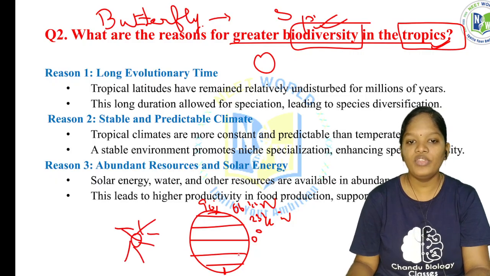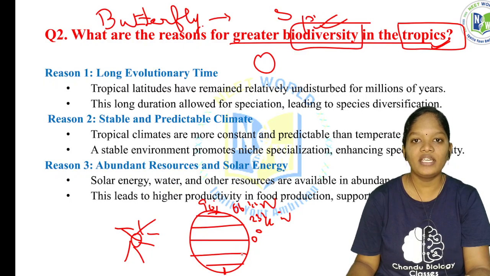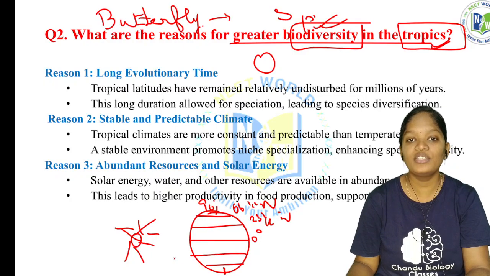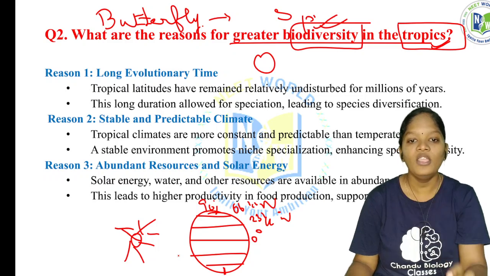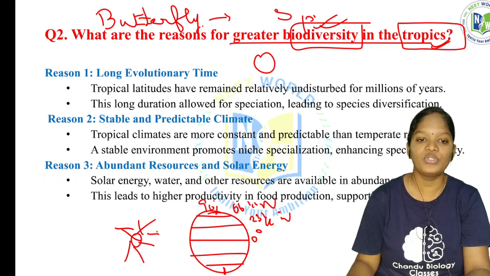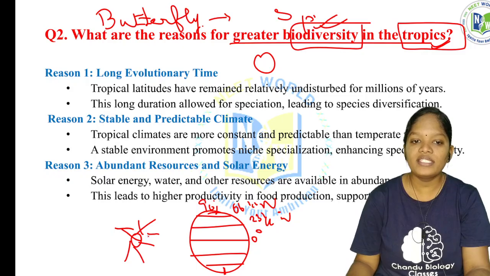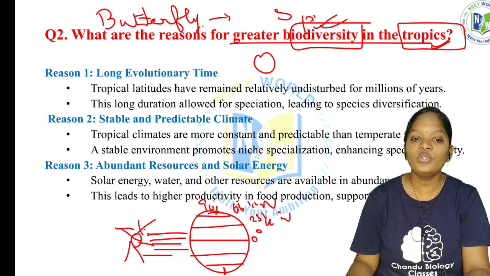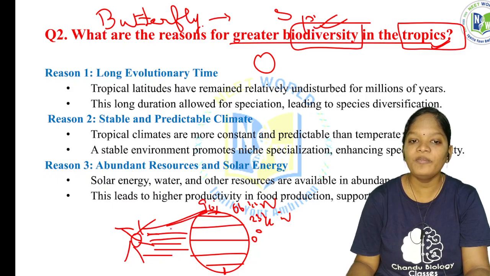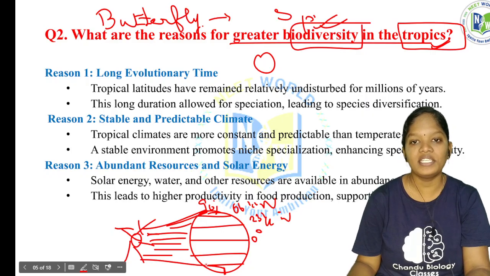We know that the earth is rotating, not only around the sun; it is also rotating itself. Both rotation as well as revolution. So the sun rays pass straight to the equator, and the sun rays are slanted in the temperate as well as in the Arctic and Antarctic regions.